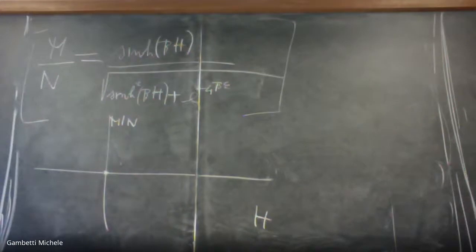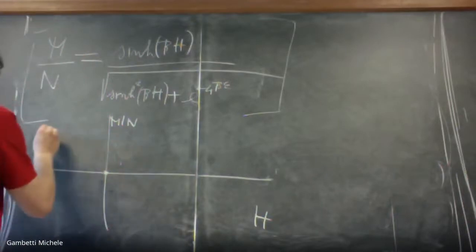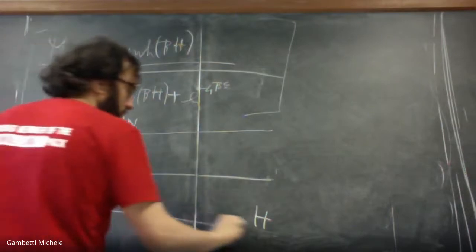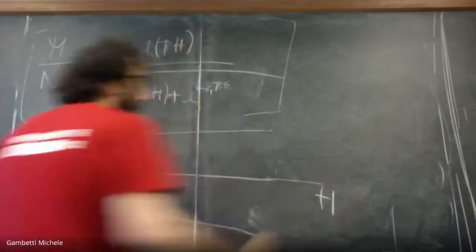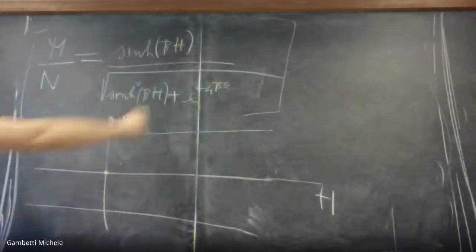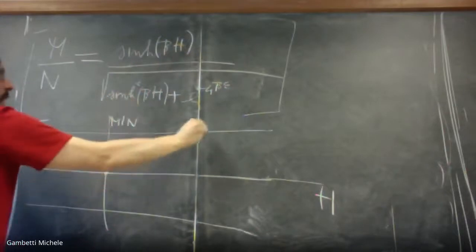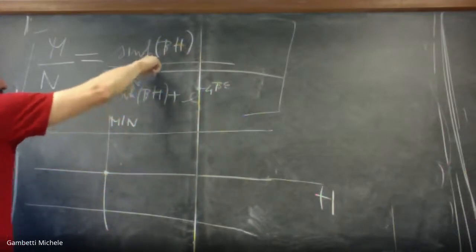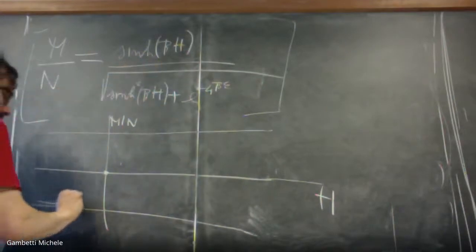Then what happens is that in the limit in which you have very large values of H, you get 1 or minus 1. So let's put here H. In the limit H going to plus infinity, I get 1, minus infinity, I get a minus 1, right? So we get something like this.